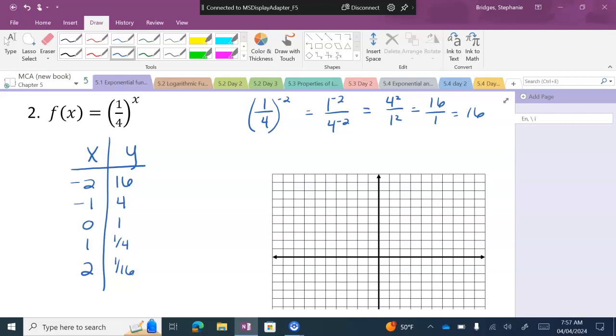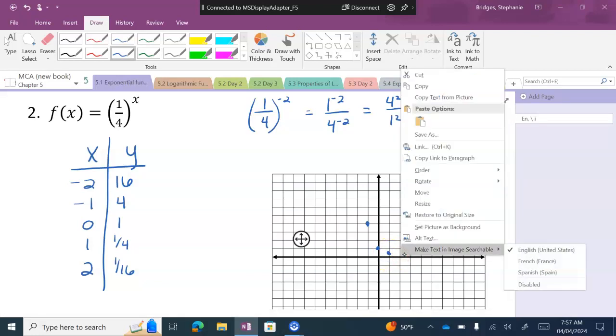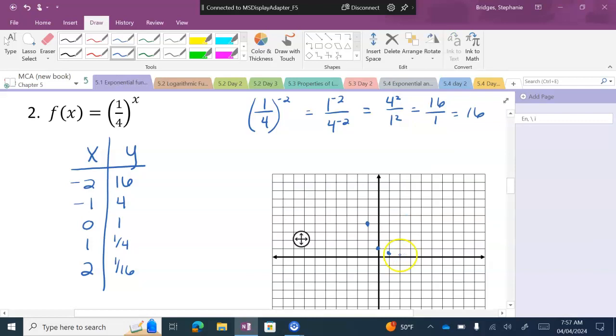Let's see. So negative 2 and 16 is not going to work. So negative 1, 4, 0, 1, 1, 1/4, 2, 1/16. Here we go again.